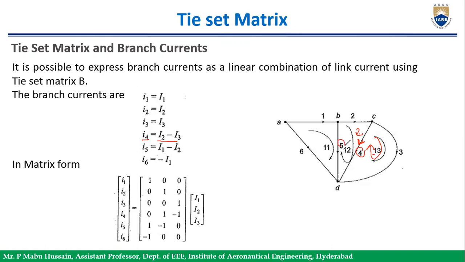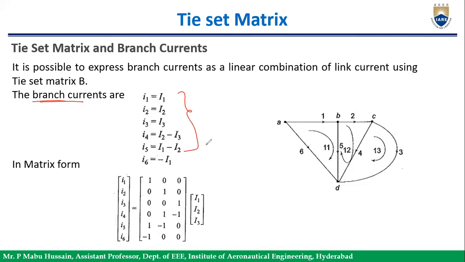Similarly, for I5, I1 is coming in this way and I2 is in the opposite direction, so I1 minus I2 is I5. For I6, if you see, the current is in this way, and in the opposite direction you have capital I1, so small I6 will be equal to minus I1. Like this, you can represent the branch currents in terms of loop currents.